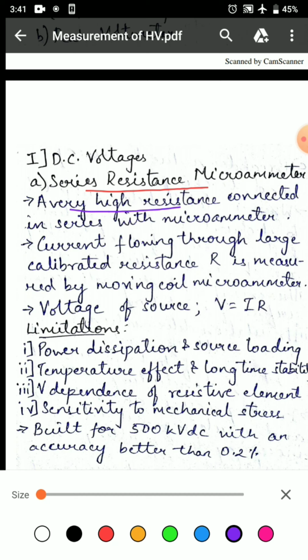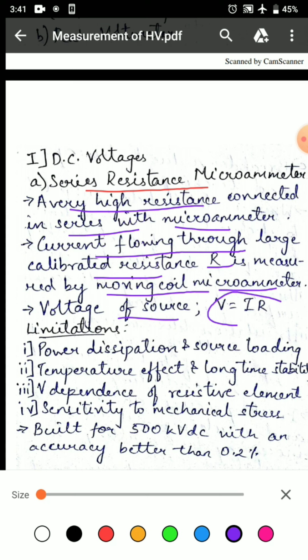A very high resistance is connected in series with a microammeter. Current flowing through large calibrated resistance R is measured by moving coil microammeter. The voltage source can be given as V is equal to IR. There are few limitations in this system.